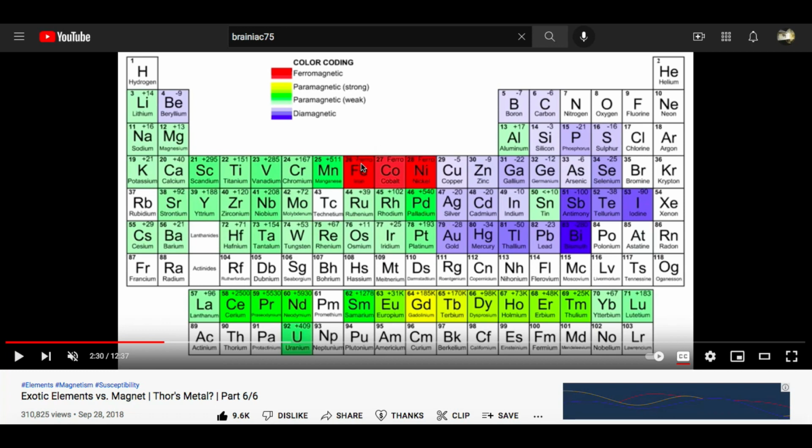So we usually refer to the magnetic materials as these three: iron, cobalt, and nickel. However, those are called ferromagnetics because they exhibit that high degree of influence under a magnetic field.